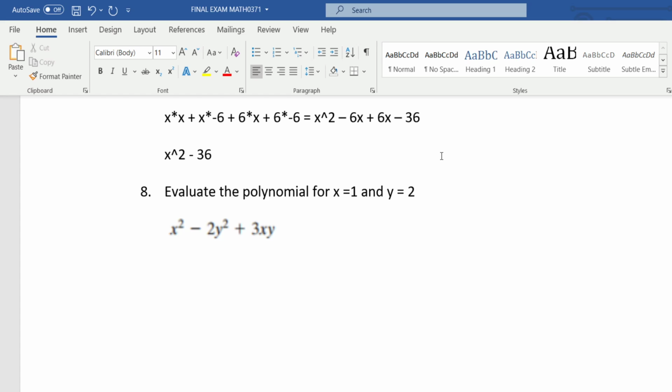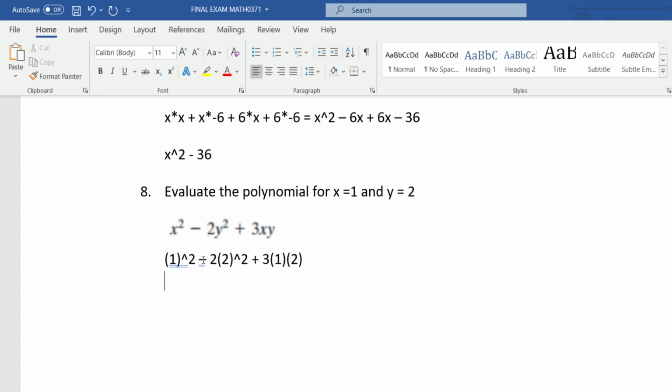So wherever x is, we're going to put 1, and wherever y is, we're going to put 2. So 1 squared minus 2y squared, so there's going to be 2 squared. So it's 2y squared plus 3xy. So 3, 1, 2. Okay, so all I did was substitute in x and y into the formula, or the expression. Now we just have to simplify this.